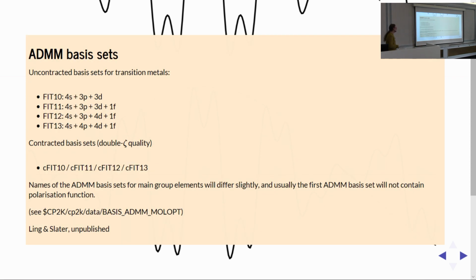And then several years later, San Liang and Ben filled in quite a bit more of the periodic table. So I think more or less in the same area where we've got pseudo potentials and Mollopt basis sets, we've also got fairly good quality ADMM basis sets as well. I think that's a correct statement. Anyway, for most elements they are there, so you can just use them.